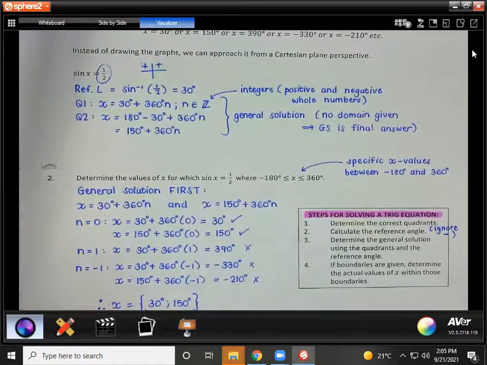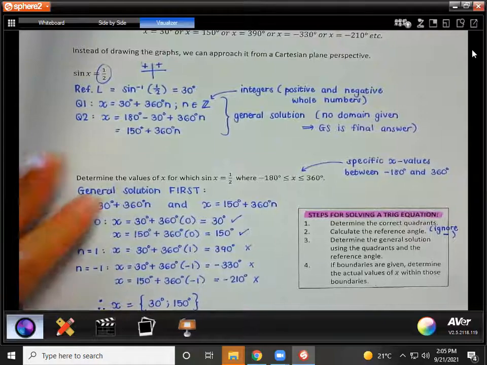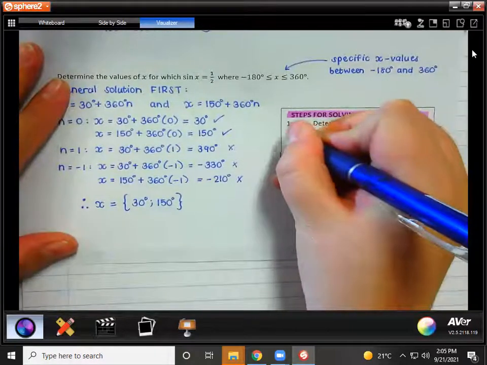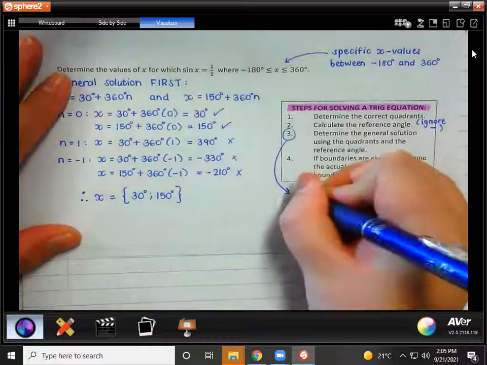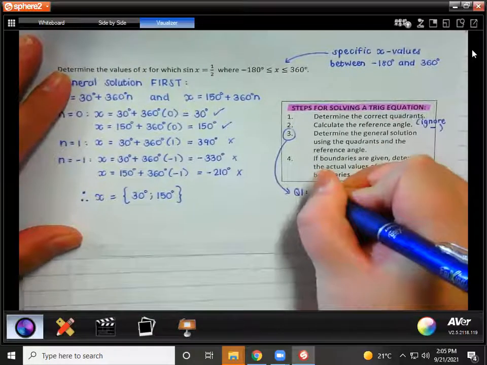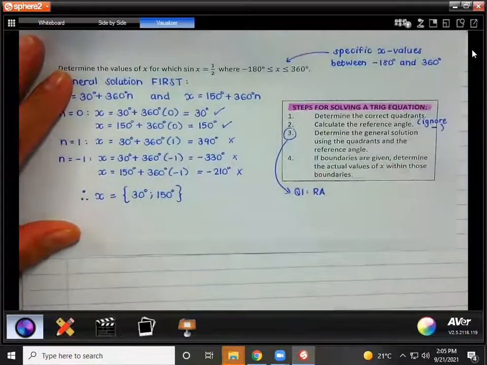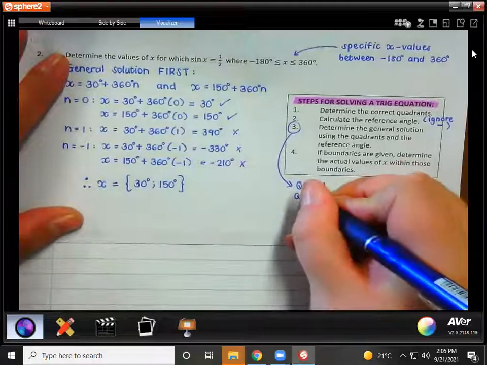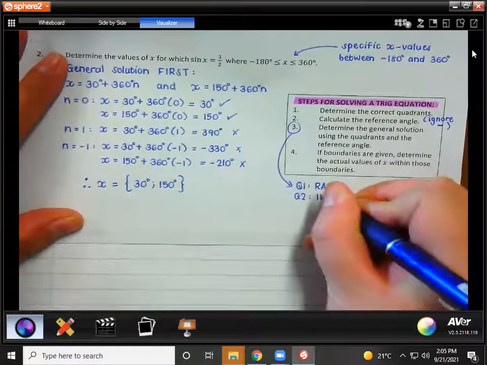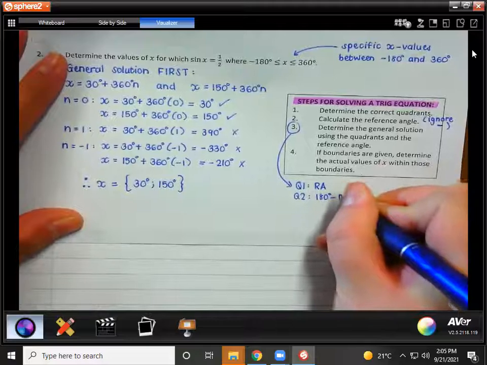So quadrant 1 is your reference angle. Quadrant 2, we can add it here. Number 3, let's add it underneath that block. Quadrant 1 is the reference angle, so I'll just say RA. For quadrant 2, you're going to do 180 minus your reference angle.